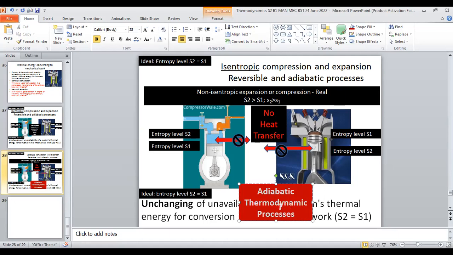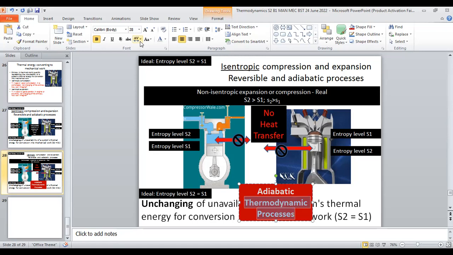Okay. So here, this expansion, and here the compression. So compression is a thermodynamic process experienced by this working fluid. Expansion is also the same. So adiabatic processes.